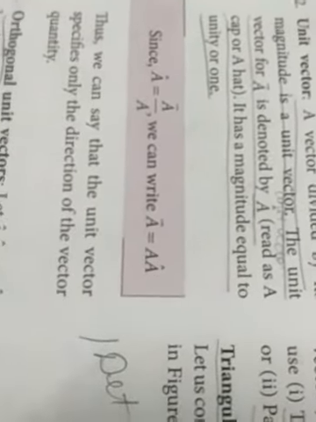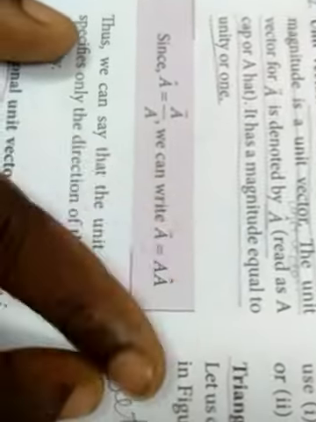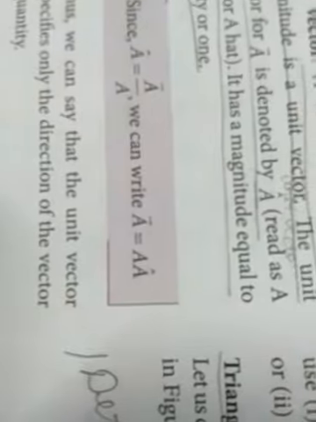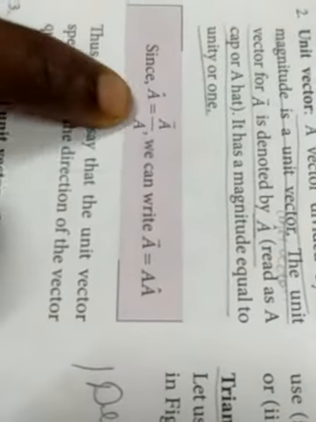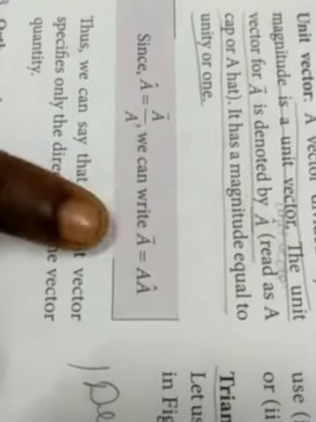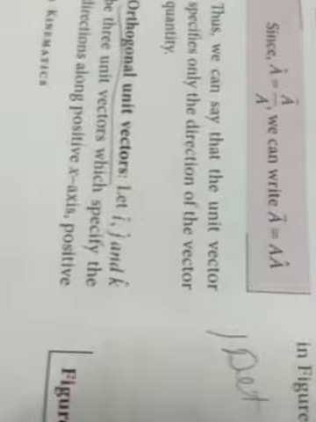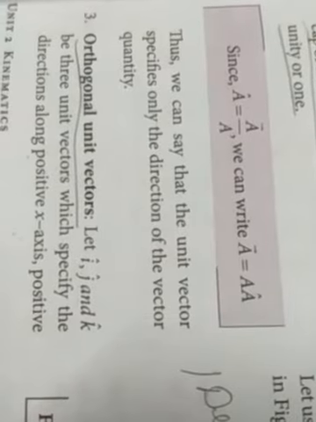It has magnitude equal to the unit, or 1. Since A cap equals A vector divided by A, cross-multiplying means A vector equals A times A cap. So the unit vector gives only the direction of the vector quantity.